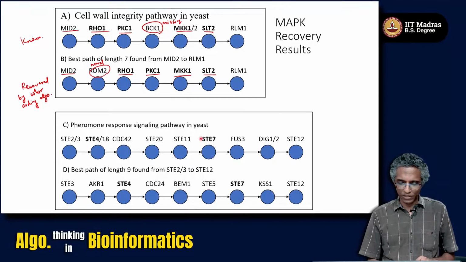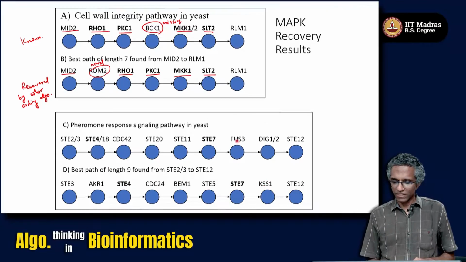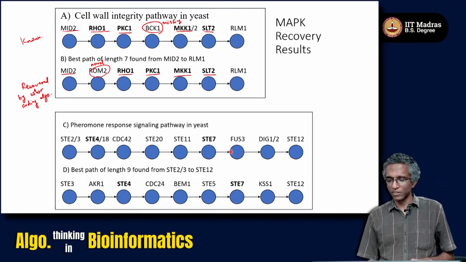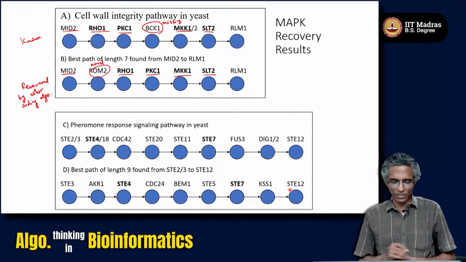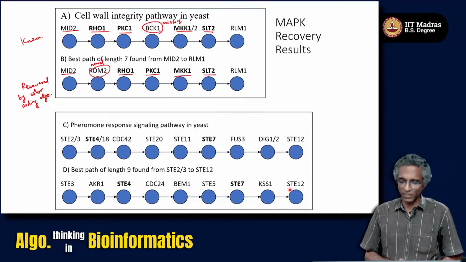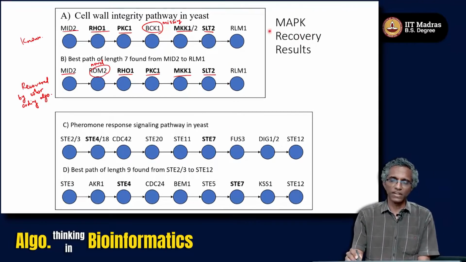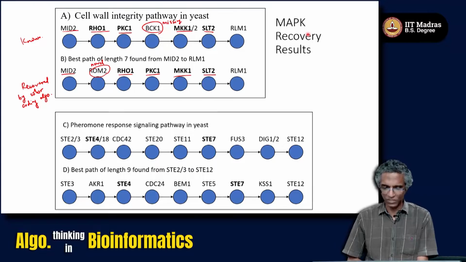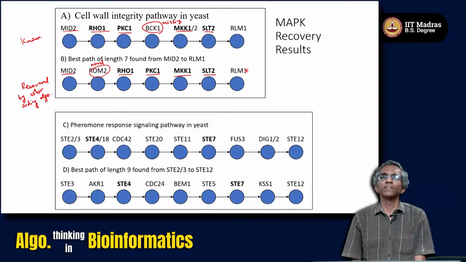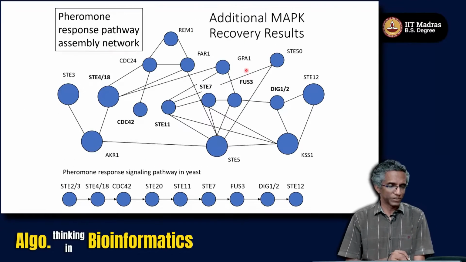So, you have STE4 here, you have STE7, KSS1 and FUS3 have similar properties. So, these can also be considered to be recovered. You have STE12 here and so on. Both of these are this class of pathways called MAP kinase pathways. So, both of them are recovered with reasonably good accuracy.